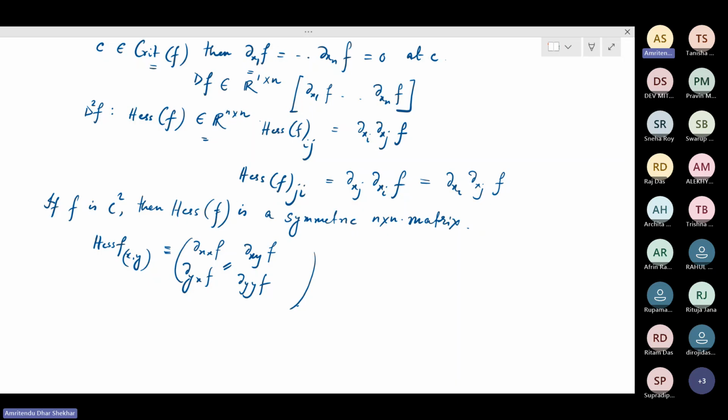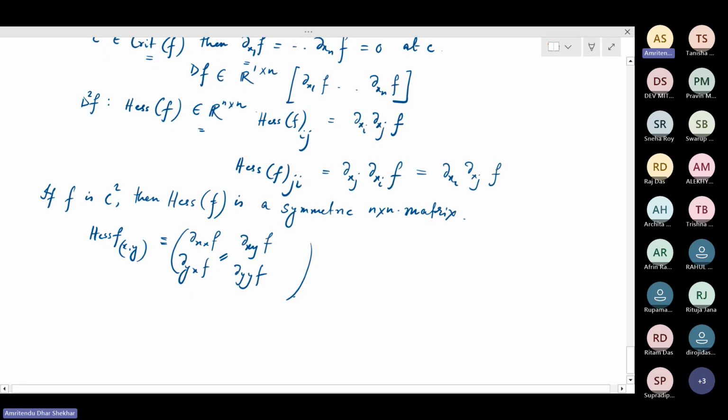Unlike the one-dimensional case, in the two-dimensional case there exist three possibilities. So an example is like this. Let me compute the graph of a function of two variables. Let's say the graph looks something like this.